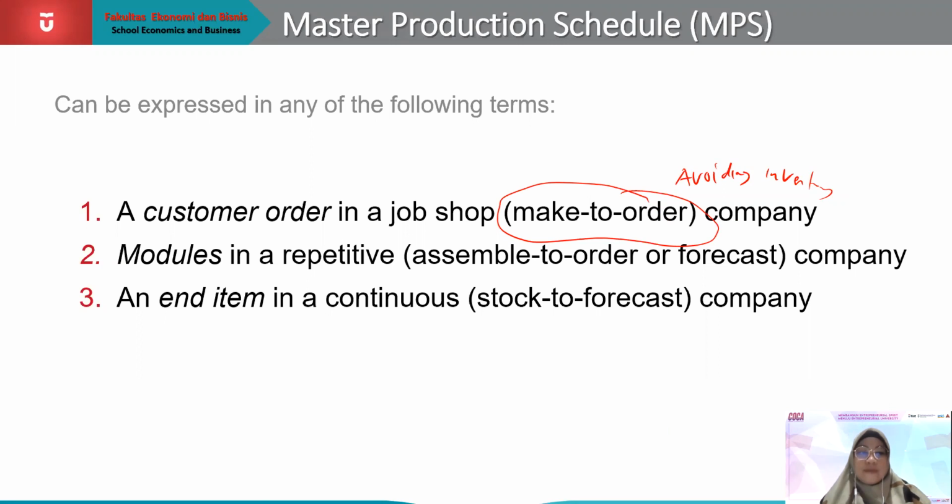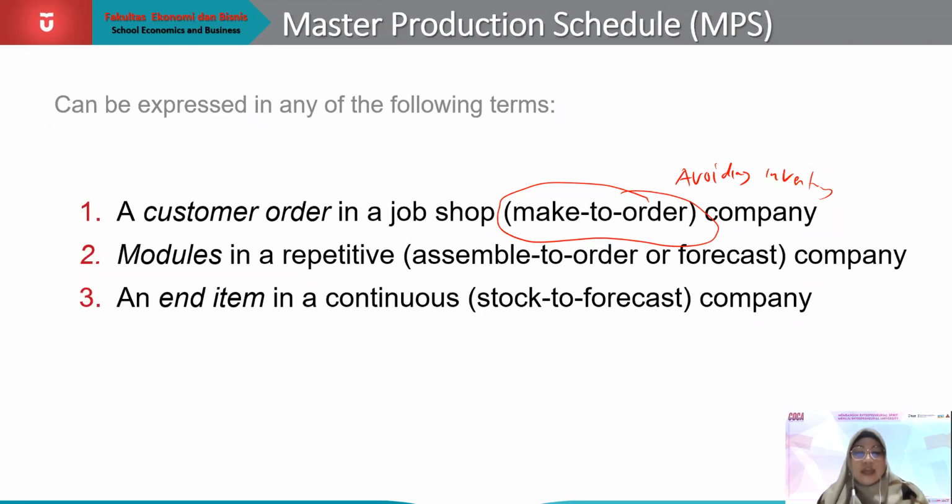For example, a company that uses the make to order technique is a restaurant. They cannot store the food because they cannot predict what kind of menu the customer will choose. So any kind of restaurant will use make to order.